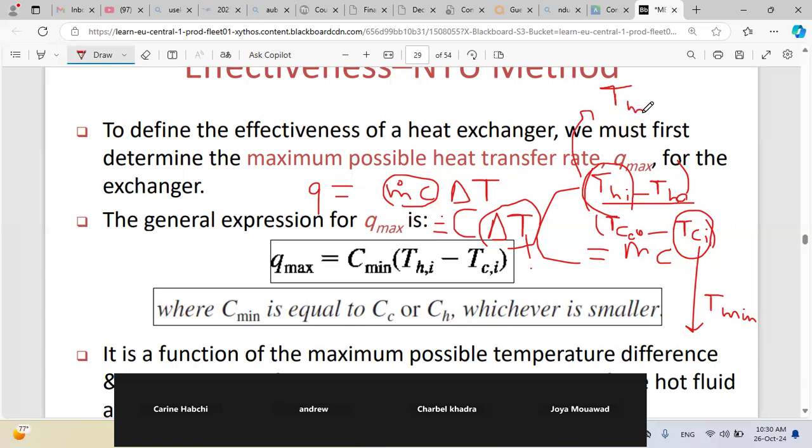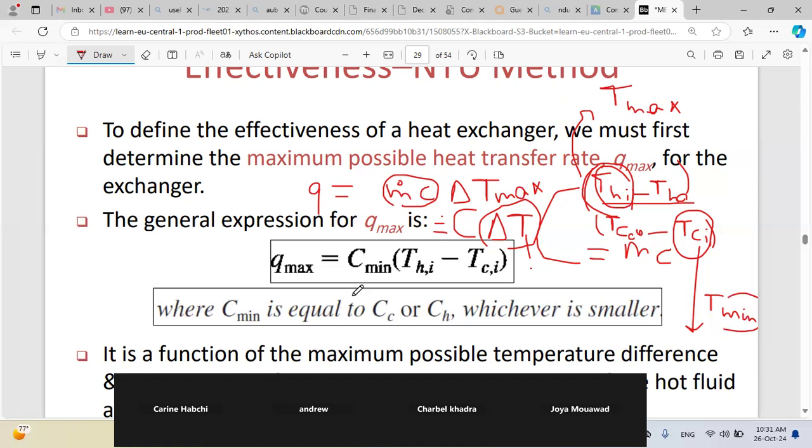So we can say then that the maximum possible value of delta T, the maximum temperature difference between the hot and cold fluid, is T max minus T minimum. And since T maximum is T hot inlet and T minimum is T cold inlet, delta T max, the maximum possible difference in temperature, is T hot inlet minus T cold inlet.